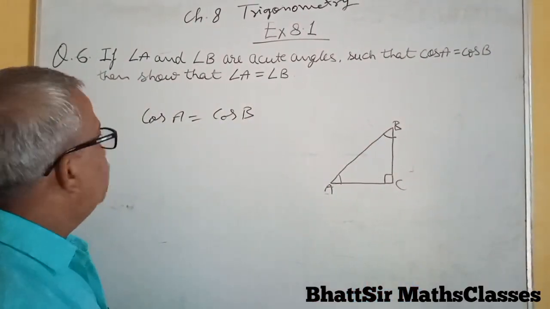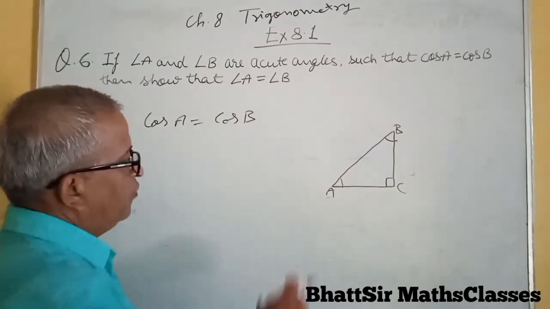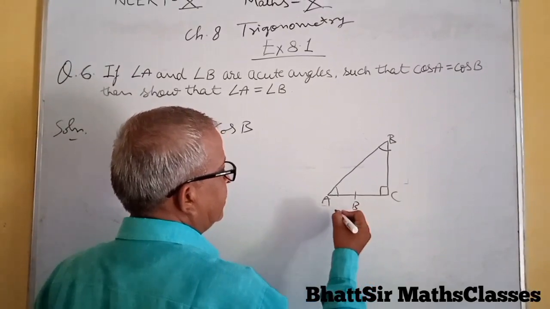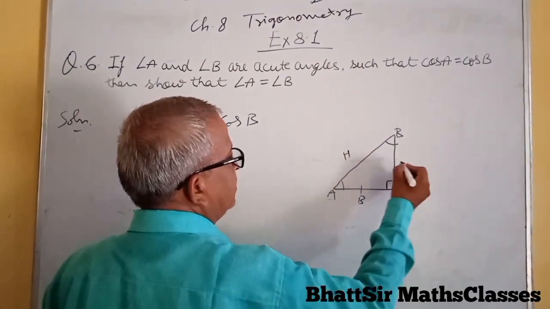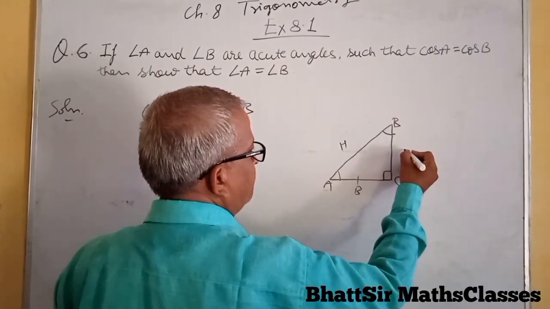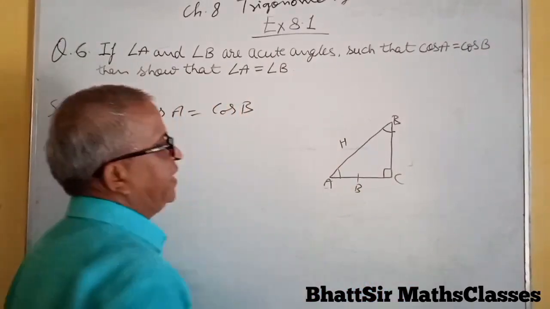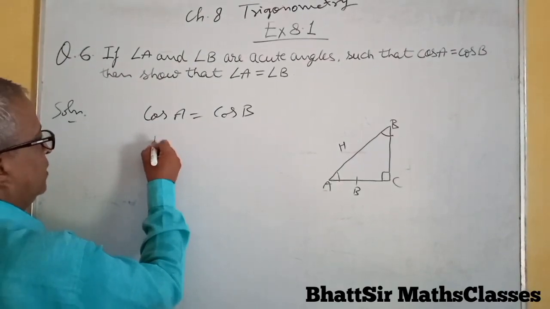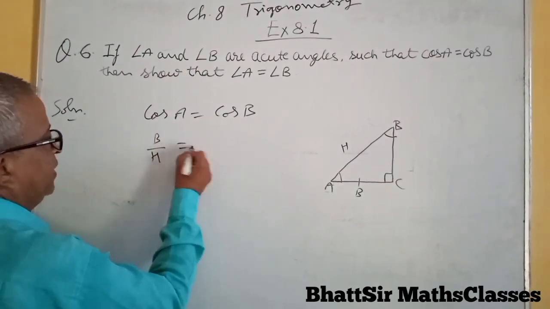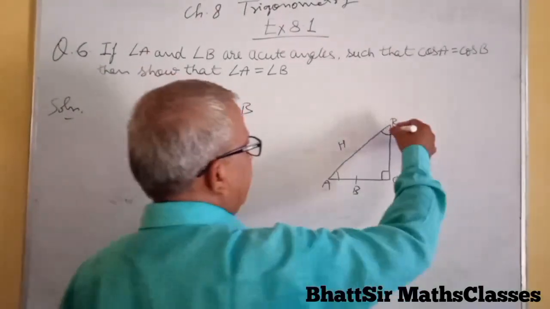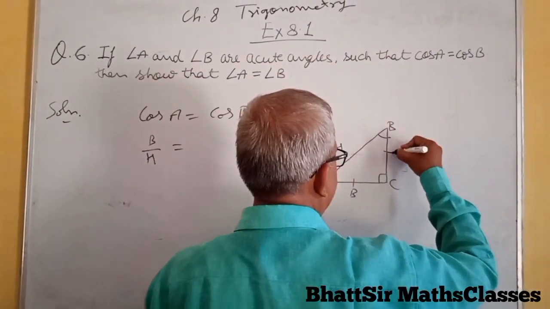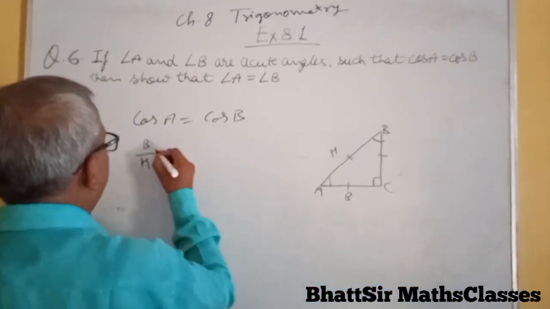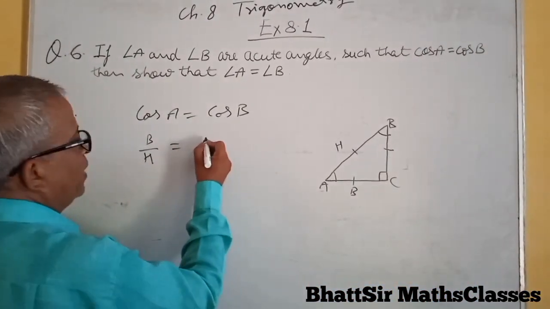But you want to calculate cos A. For angle A, cos A is base over hypotenuse, and for angle B, it is also base over hypotenuse.